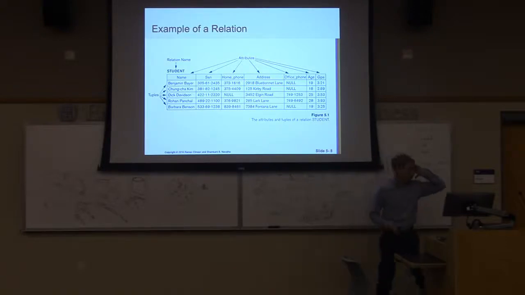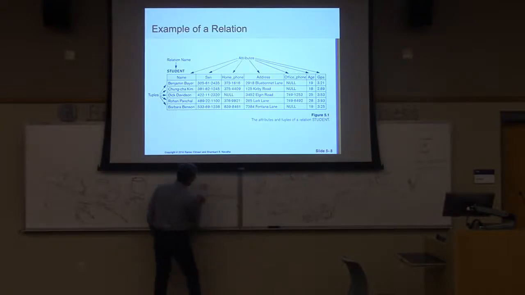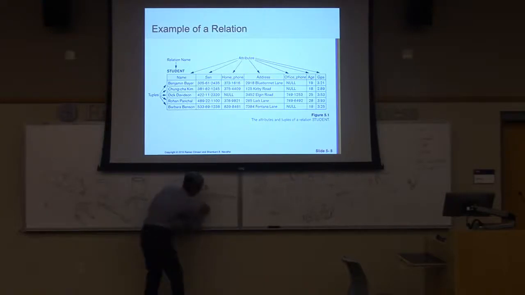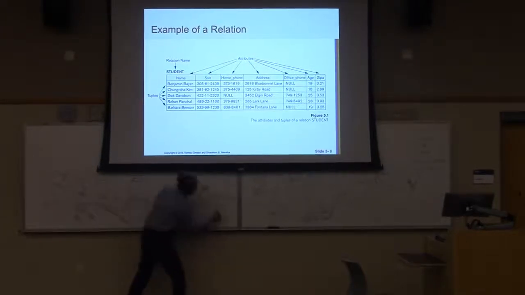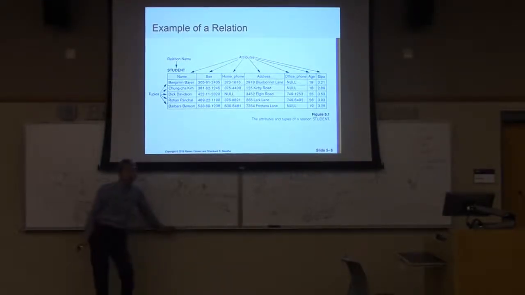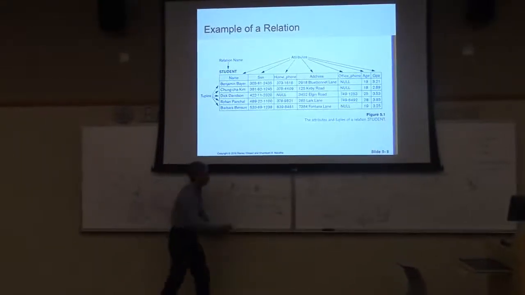So the definition of the relation is a group of attributes. This is the definition of the relation. Also, a group of data. Sometimes you can use the data, sometimes you can use a tuple. But Codd uses the name tuple to differentiate from the data. Okay? But it's the same meaning, the tuple.